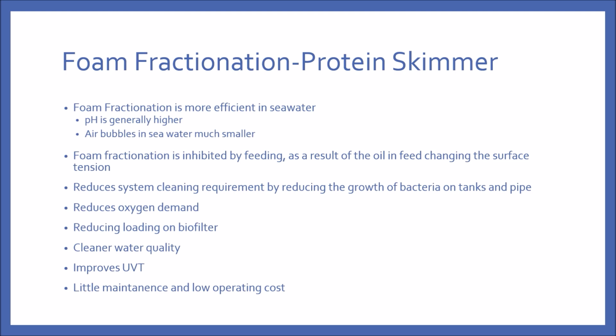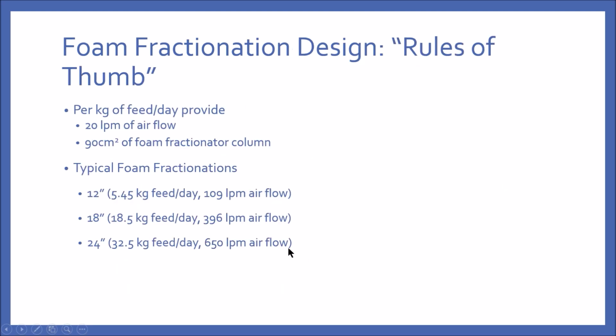So what are the rules of thumb to design a foam fractionation column? Again, we've earlier mentioned that RAS system design is not based on your starting density, but instead on how much feed you are providing. So for every kilo of feed you are providing a day, you require an airflow of 20 liters per minute.